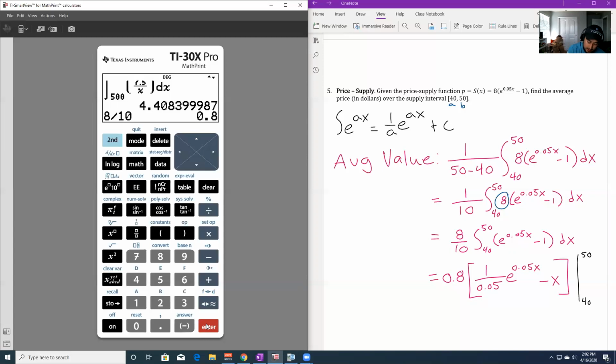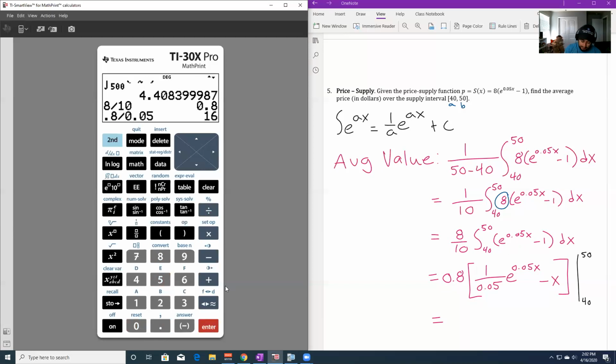Go ahead and distribute the 0.8 to both terms, right? And for the first one, I'll do this. When you distribute that 0.8, it's 0.8 over 0.05.